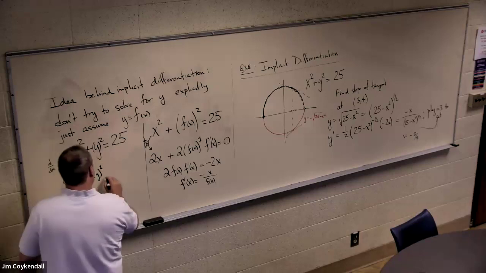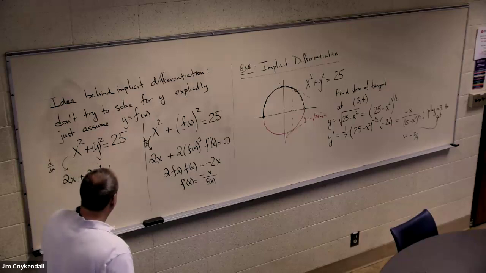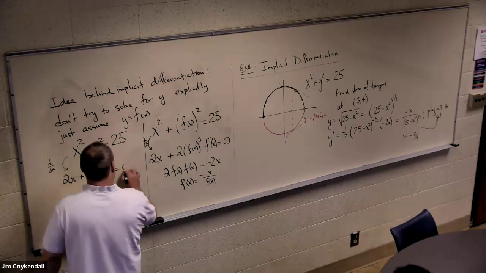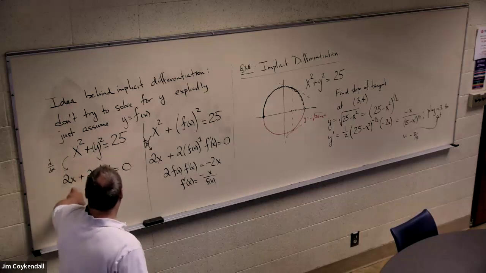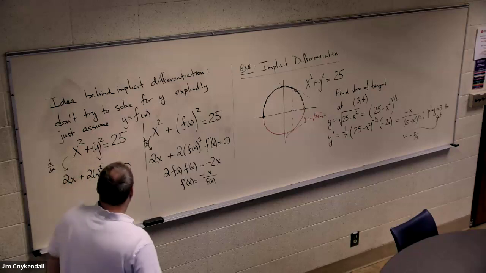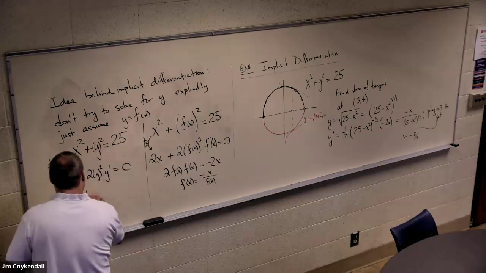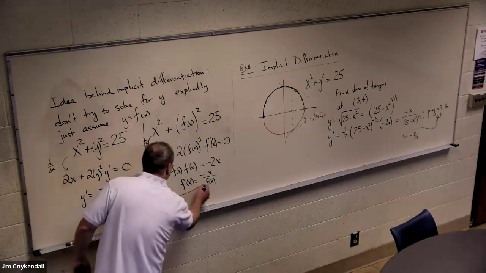Times the derivative of the inside, which is y prime. The derivative of the right side, 25, is 0. So the derivative of x squared is 2x. Derivative of this is 2y y prime, equals 0. And I solve for y prime. And what do I get? I get minus x over y. And notice y and f of x are the same thing.